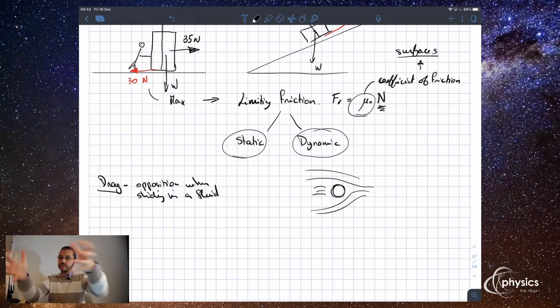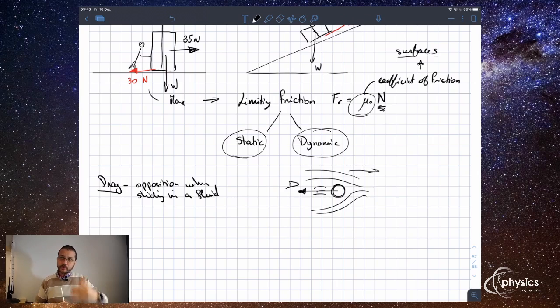The particles of the air or the particles of water or of oil, they are actually sliding against the object. So the object will experience a drag force, which is always drawn opposing the direction of motion of the object, alright, as the friction.